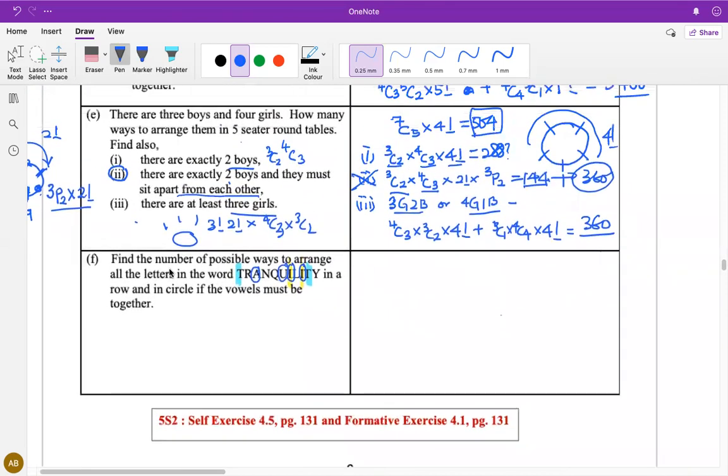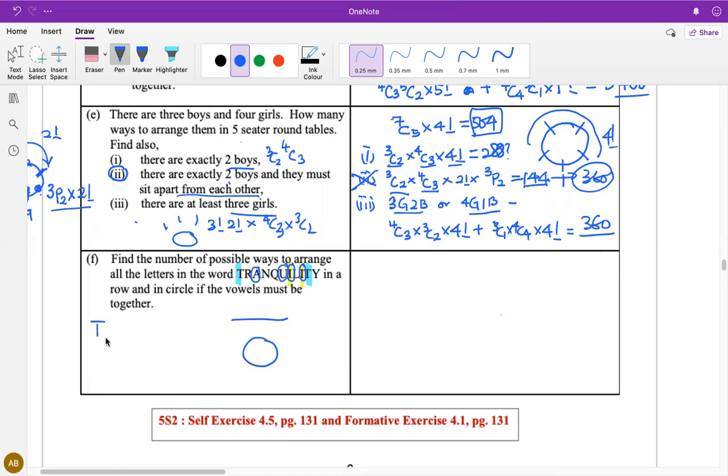Okay, part F: find the number of possible ways to arrange all the letters in the word tranquility, in a row and in a circle.